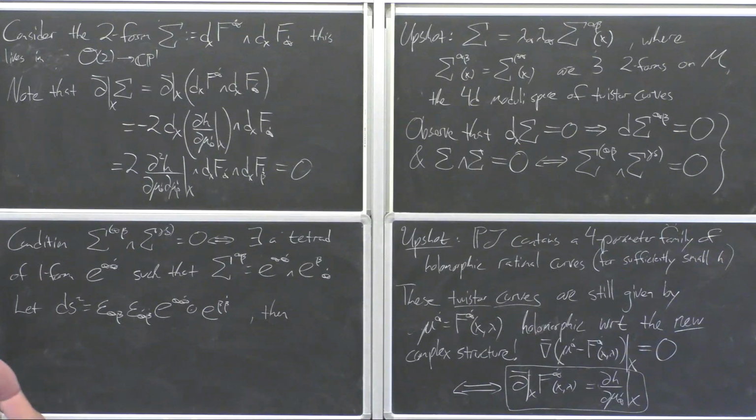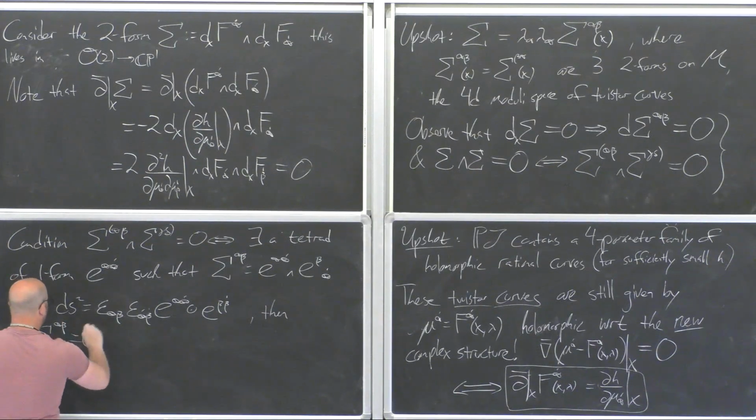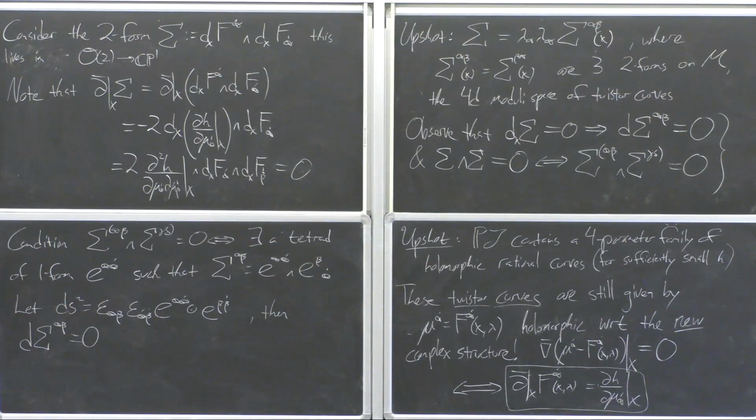Good. So then the condition that this triplet of 2 forms be closed implies something about the curvature tensor of this metric.